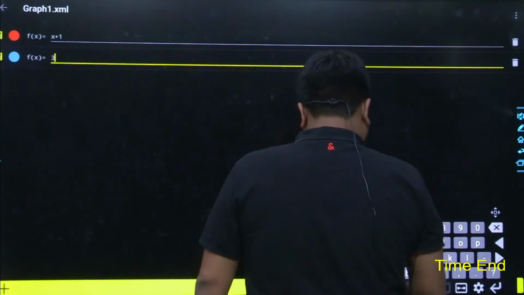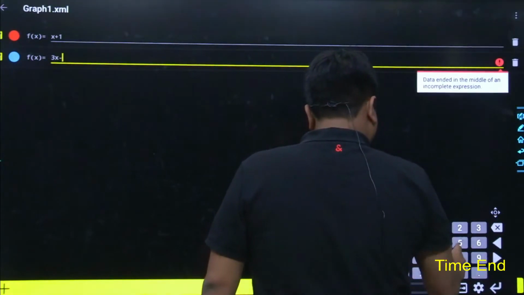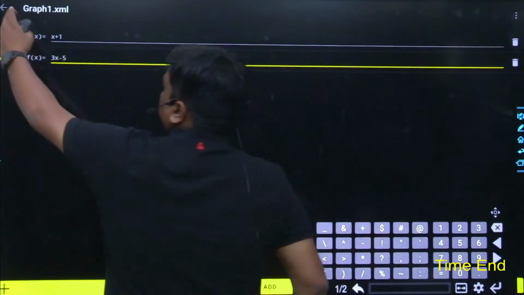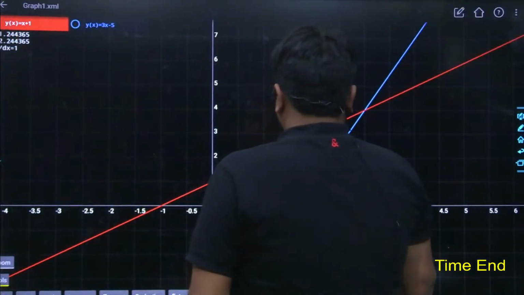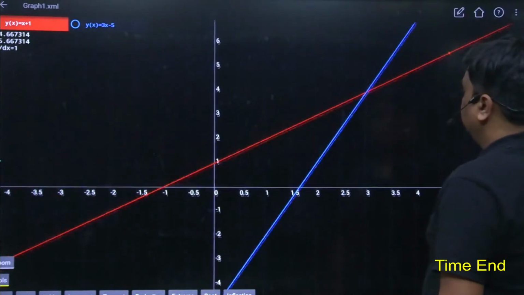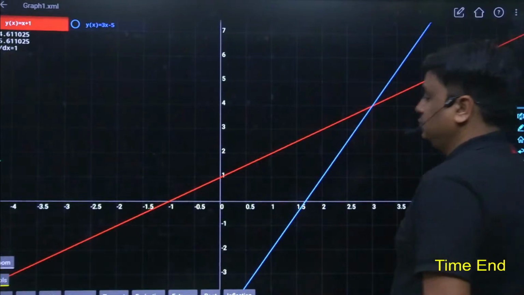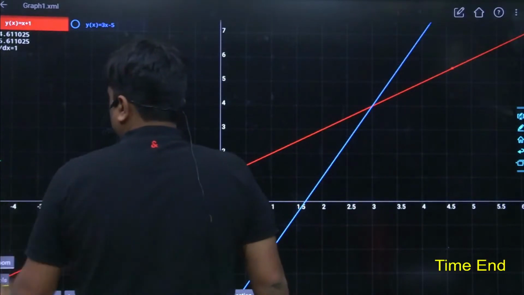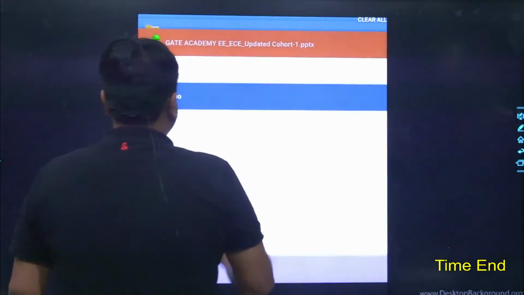So here comes 3x minus 5. Let me draw this down. You yourself would be able to understand. Yes, this one. And let me go back into my problem. This has been my problem.